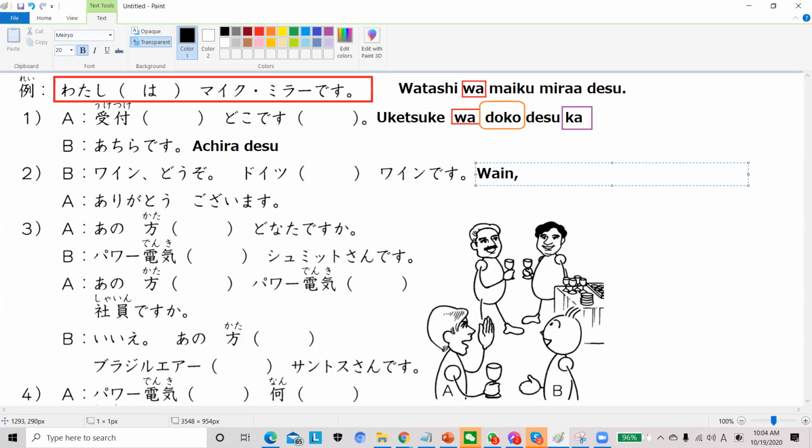Wine. Dozo. Doitsu no wine desu. Okay, good. So what are we going to use for that particle?